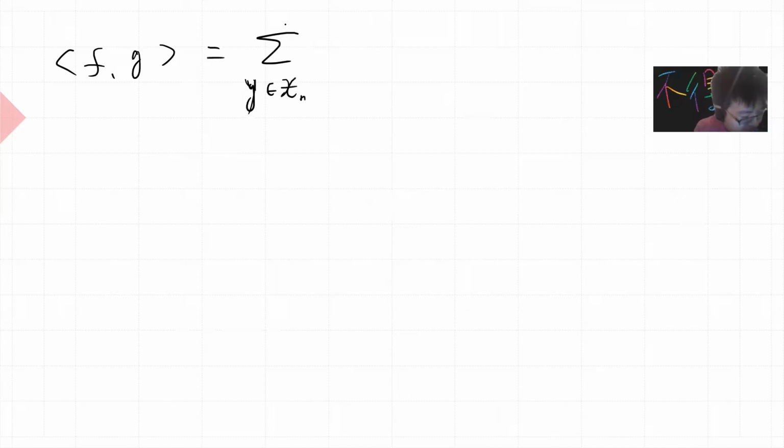Okay, so it seems that we have finished. Let me just write down a formula. The inner product of f hat with g hat is defined as the sum over all y, over all bit strings, of f hat of y times g hat of y.